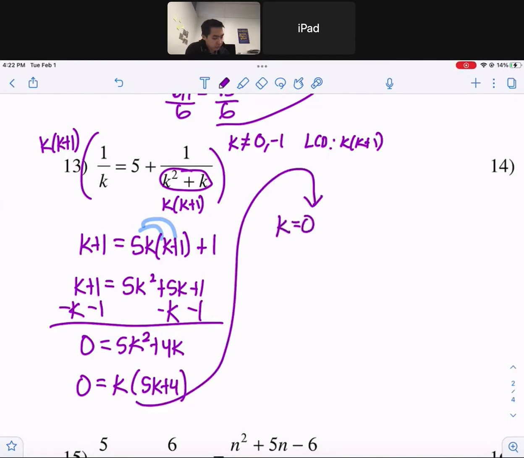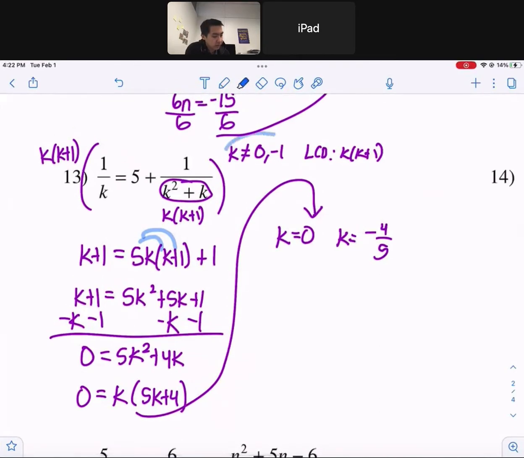And then we have two answers. k has to equal 0, or k equals subtract 4 and then divide by 5, so -4/5. Now here's the interesting thing. Do you see how in the beginning we said k cannot be 0, but we found that k is equal to 0?